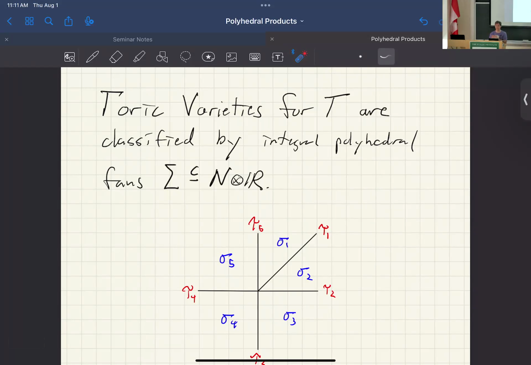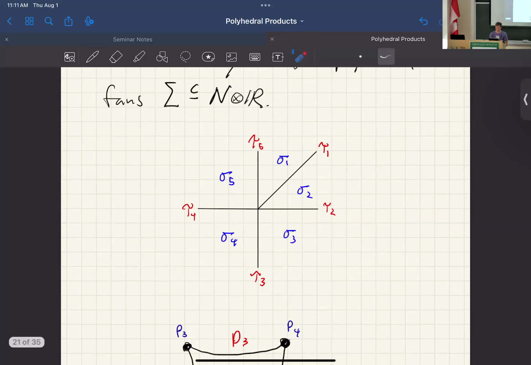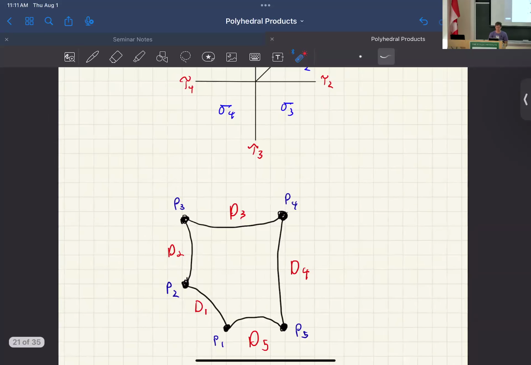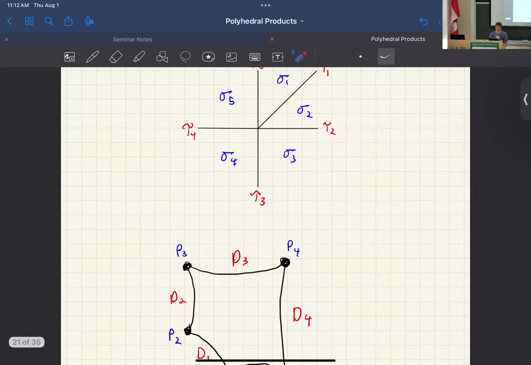So the fan divides the co-characters of the torus up into families that have a nice property with relation to the geometry of the toric variety. The relationship between the faces of the fan and the geometry of the orbits of the toric variety is dimension reversing. So the biggest faces correspond to the smallest orbits.